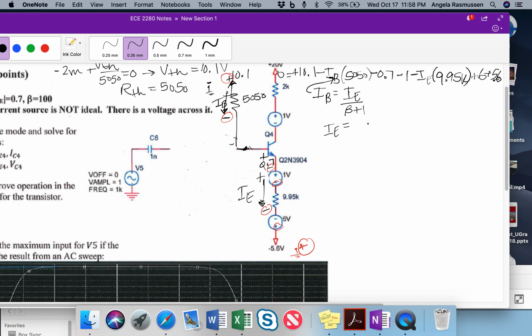That yields an IE value of 2 milliamps. So IE is 2 milliamps, and then IB will be 19.8 microamps.